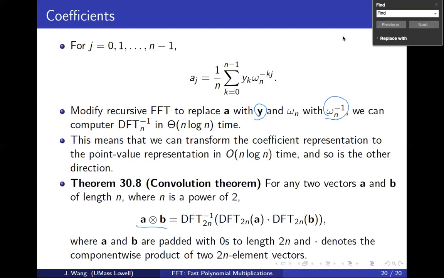The computation can be done in this form: you compute the discrete Fourier transform, and then you do the inverse. So it can be done in n log n time. All right, so instead of the order of n squared, you can do a convolution of two vectors in n log n time.